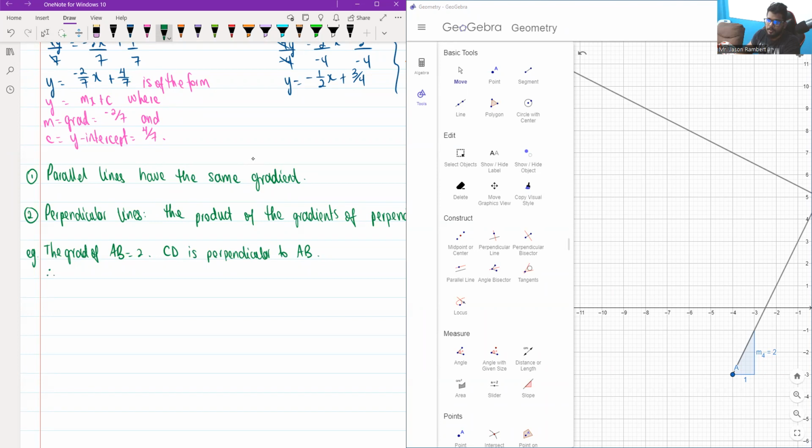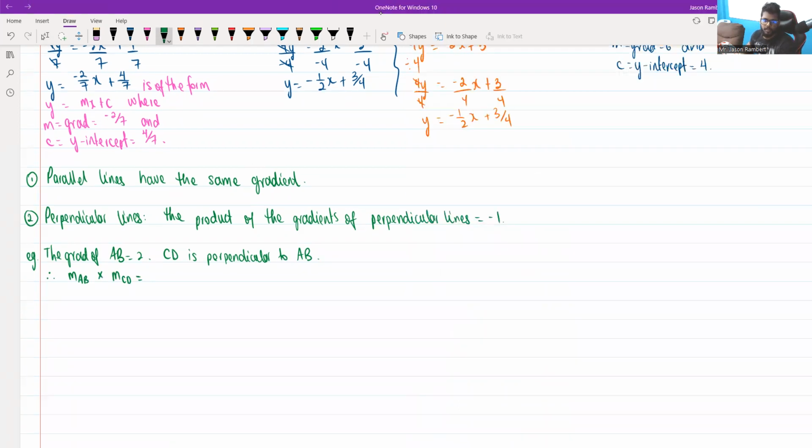Therefore, m_AB, which is the gradient of AB, multiplied by m_CD, supposed to be what? When I multiply both gradients, what am I supposed to get? It's right here on the screen. -1. Yeah? Because this is the gradient of AB, this is the gradient of CD, and AB and CD are perpendicular.